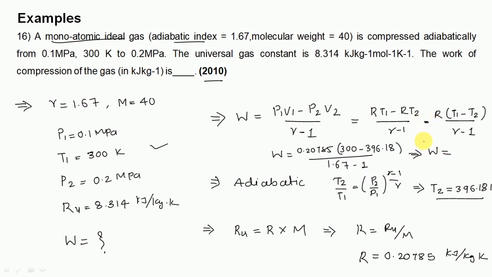It is minus 29.7 kJ per kg. This is your final answer. Here the answer is negative. The reason behind that is it is a compressive adiabatic process. That's why it is compressive work, so we have to put a minus sign. So you can calculate it that way.